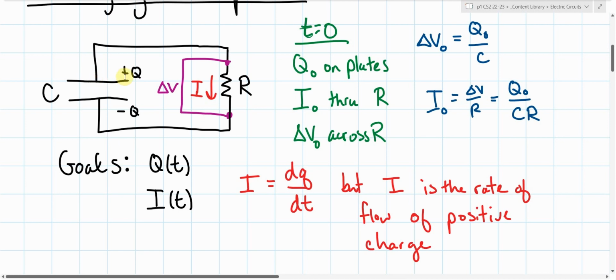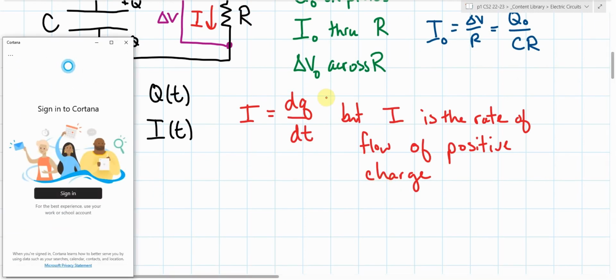So the dq dt of the plates, the rate of change of charge on the plates, is actually negative because they're losing charge. Yet I is positive in that it's flowing the way positive charge would flow. So I do have a little bit of a problem.